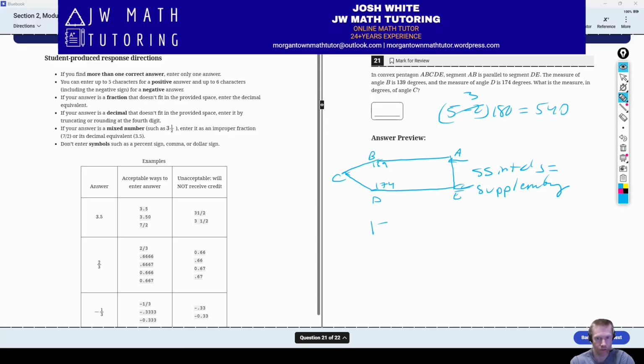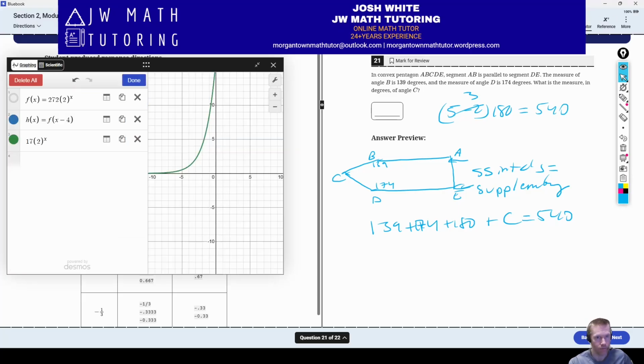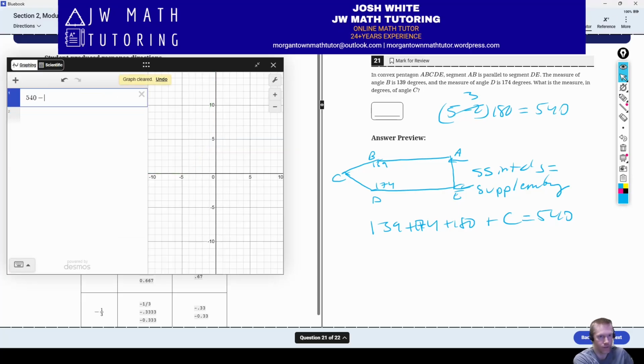So we basically have 139 plus 174 plus 180 for these two, plus angle C has to equal 540. So we just subtract everything and get our answer from that. So minus 180, minus 174, minus 139. We get 47, which is the correct answer to the problem.